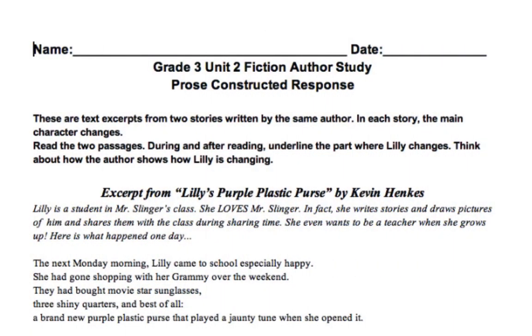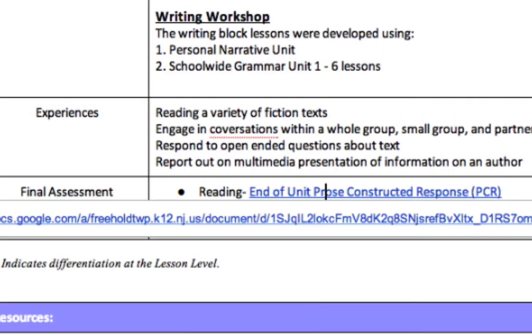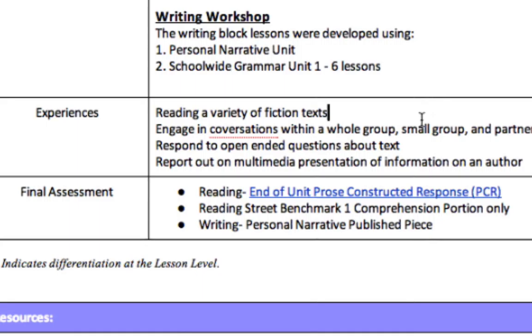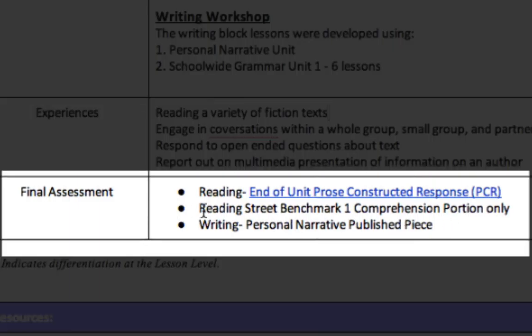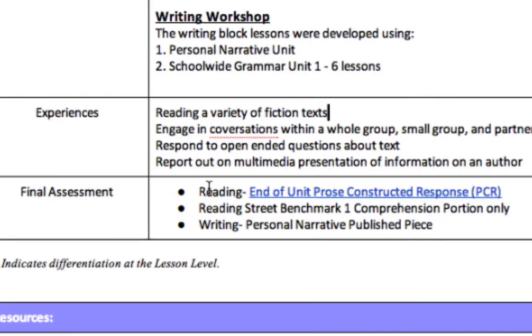Finally, at the end here, after talking about materials, our final assessment, again, is our prose constructed response, which is the students reading those Kevin Hanks stories and providing a written response on how the character changed. And one of the things you have to do is a Reading Street benchmark.